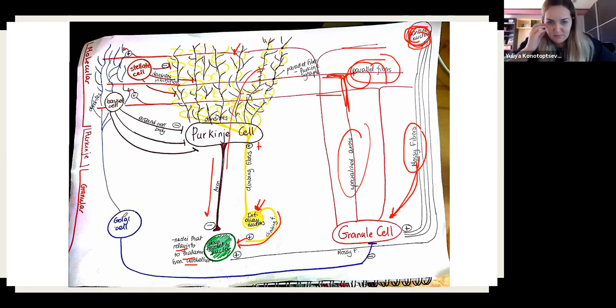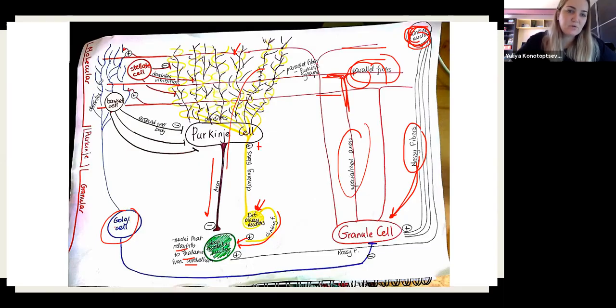The Golgi cell is the regulatory cell because it's the only cell capable of inhibiting the granule cell. But guess who tells the Golgi cell to inhibit it? The granule cell itself.